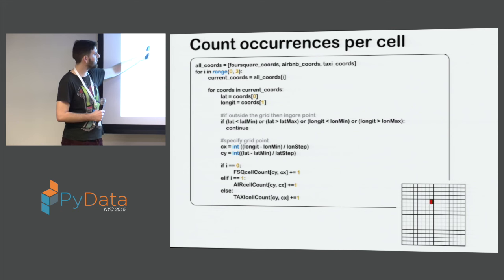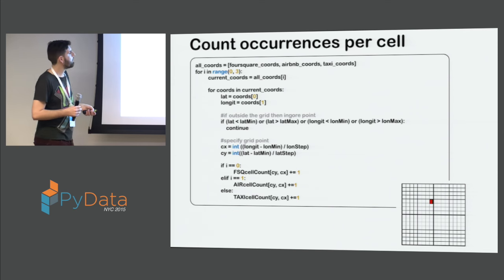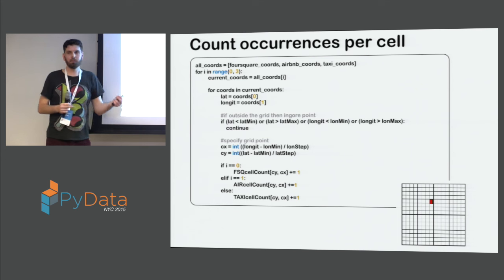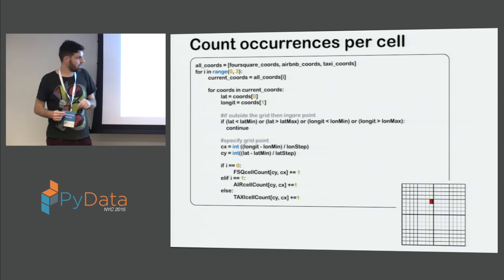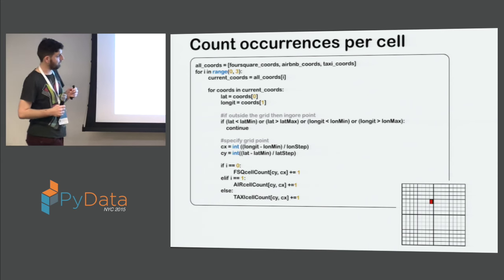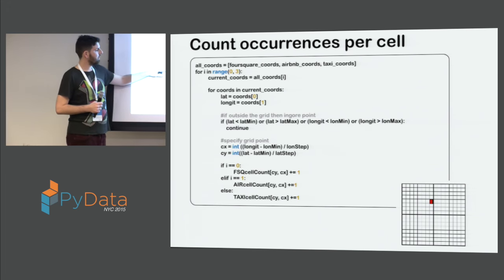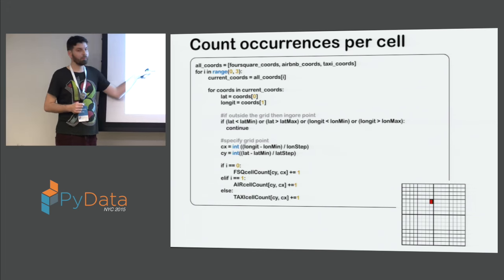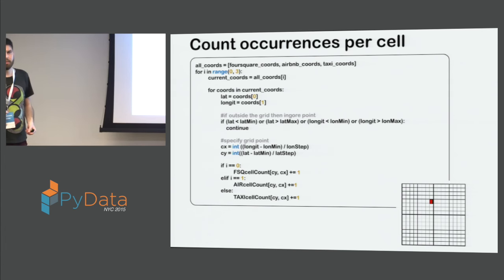We check if the coordinates are within the grid. If they're outside, we can just discard them. Then, given a latitude and longitude, we want to find where it fits in the grid, so we want to find the cell where the data actually belongs. Basically, we can augment the number of occurrences per cell for each of the data layers by iterating through these three data layers.